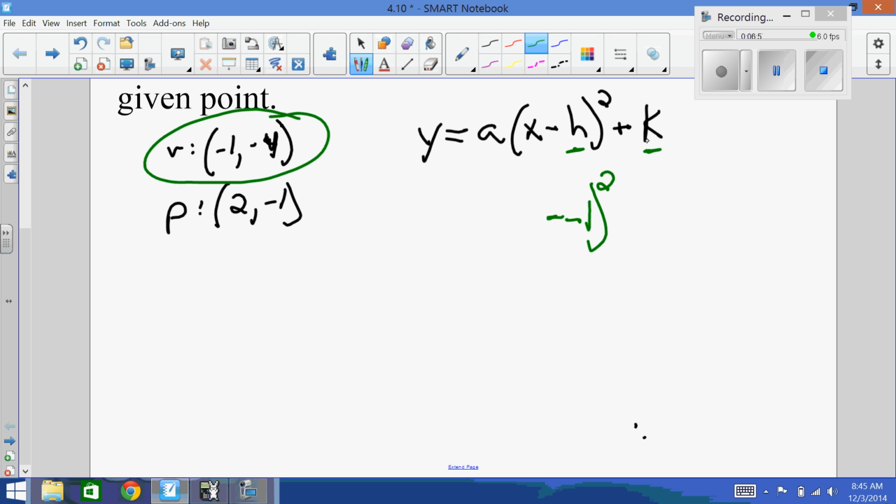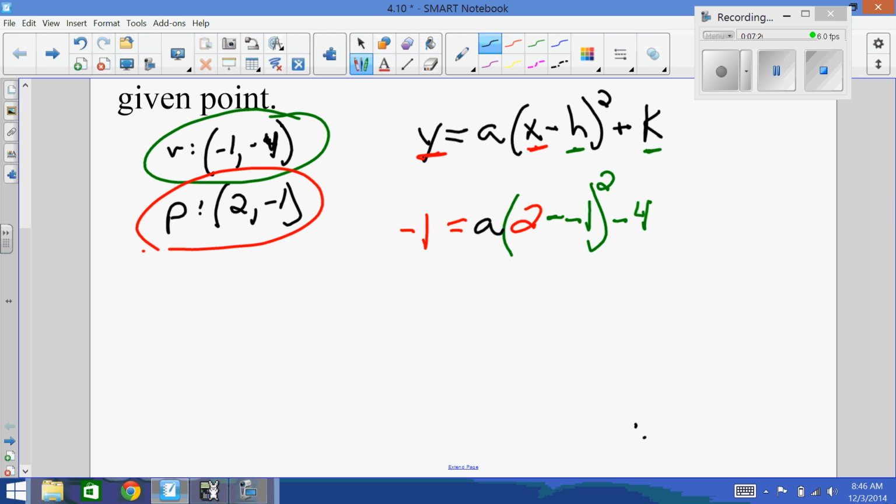Okay, k is -4, so I'll put -4. Now we're going to find x and y. That's where the given point comes in. So I'm going to plug positive 2 in for x, and -1 in for y. So that leaves me with a. It's the only thing that I'm not given, but we have everything else, so that means I can solve for that.